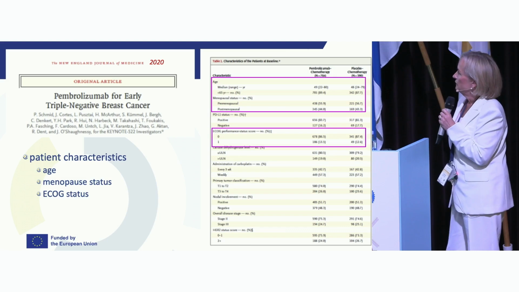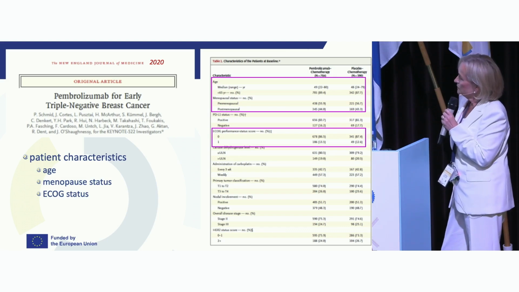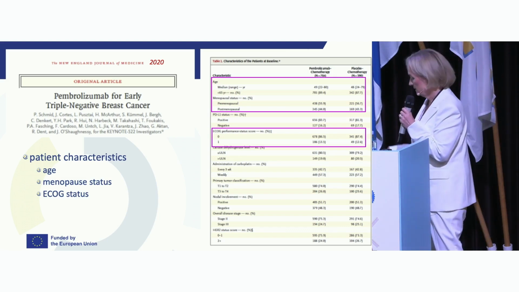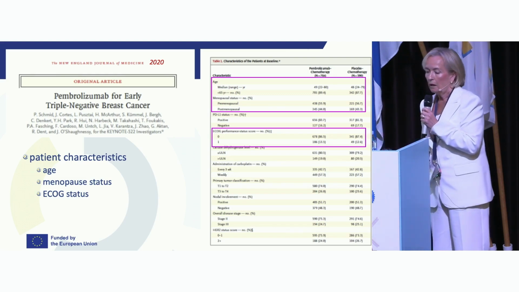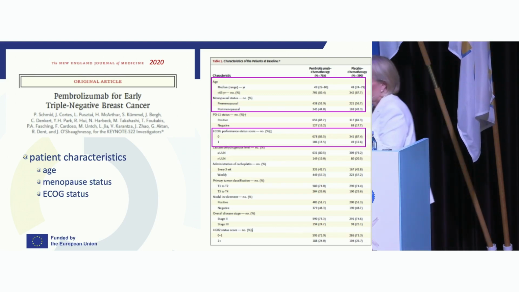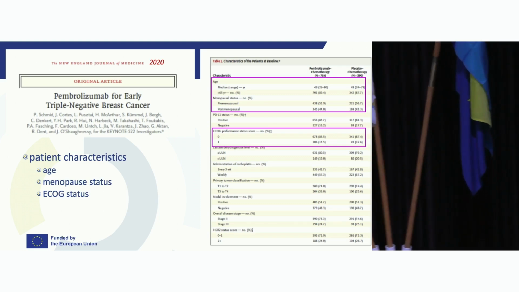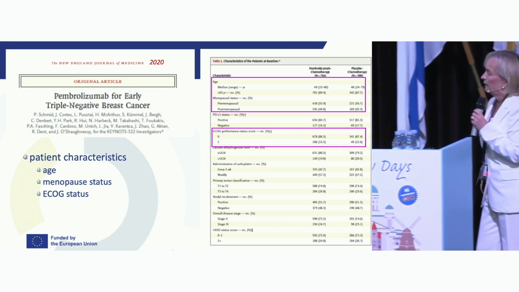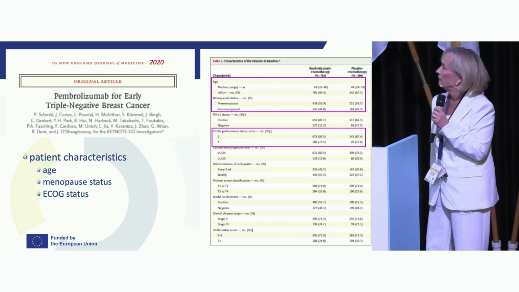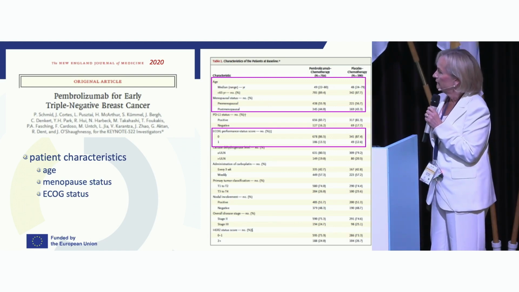So, of course, age, menopausal status, and the ECOG performance status. So our analysts, Juho Lähteenmaa and Joonas Laitinen, were digging in the HUS data lake around this data.